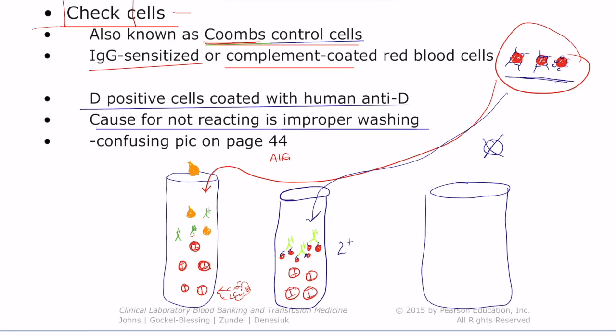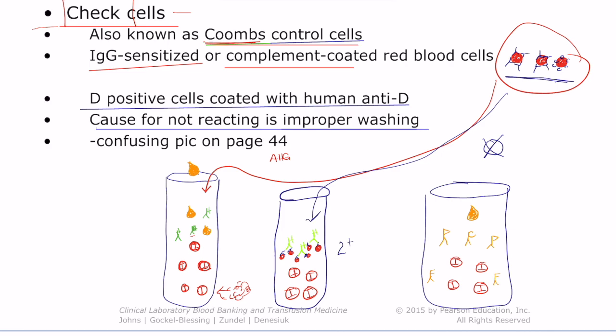So we're doing our testing protocol. Here's our screening cells in here. And here's our patient plasma that we dropped in here. And remember, we have all sorts of antibodies in our plasma. So there's our chickenpox antibody. Here's our COVID. Here's our influenza.